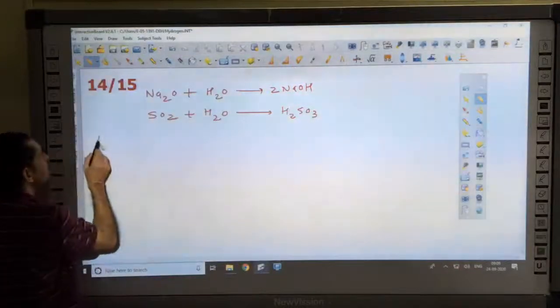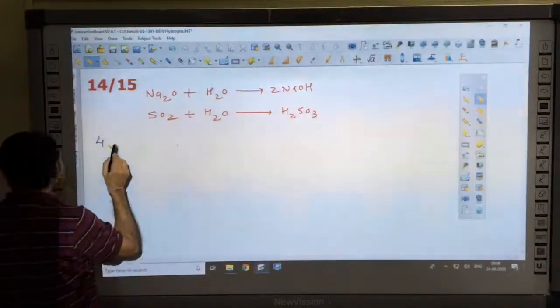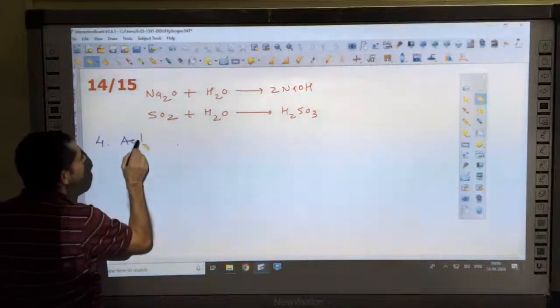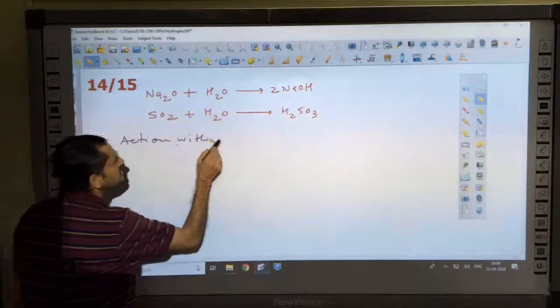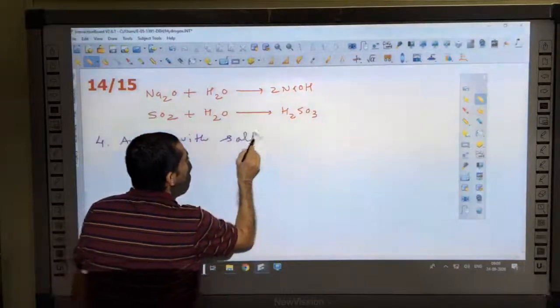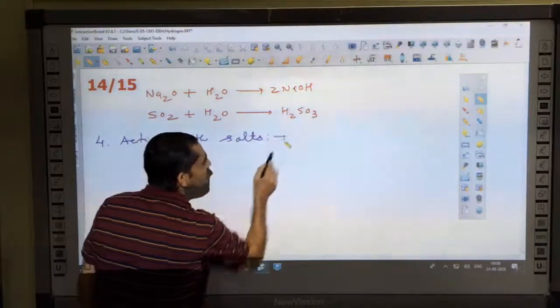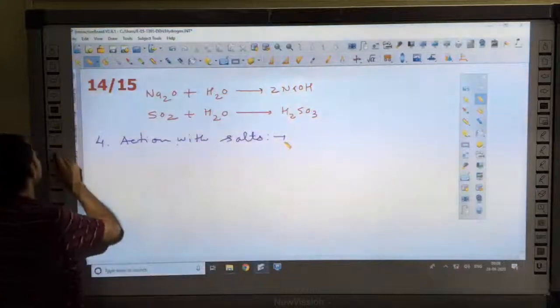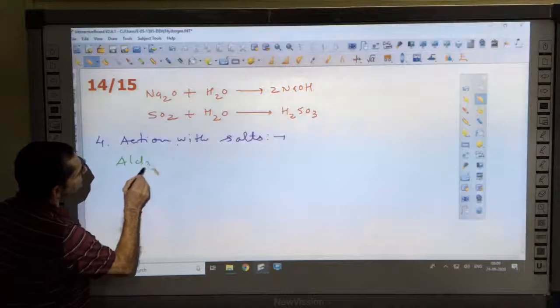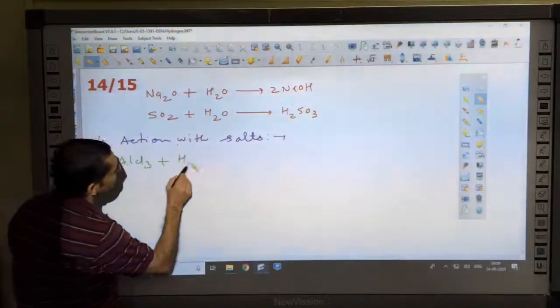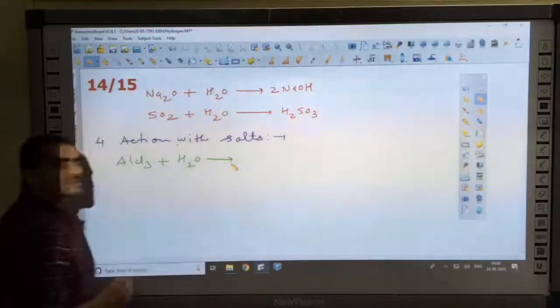Number 4, reaction with salts. You see this reaction. Salt AlCl3 is hydrolyzed by water. What is going to happen?